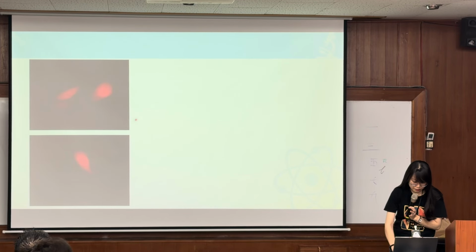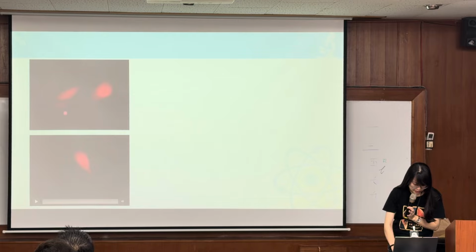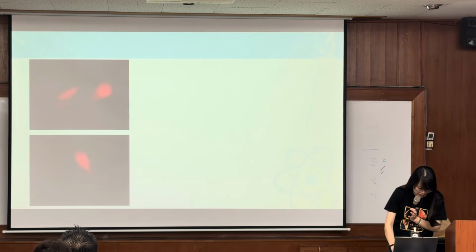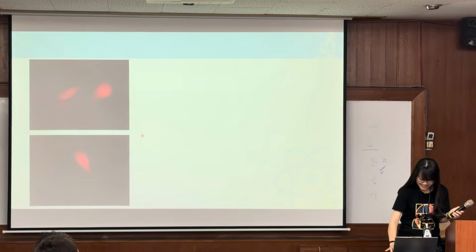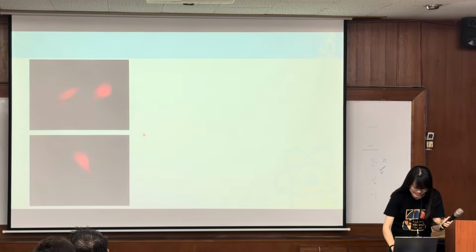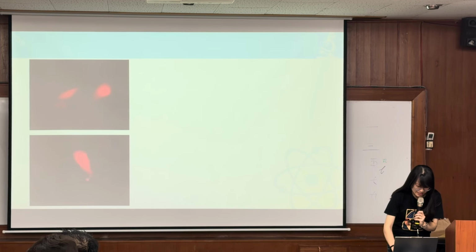To show the peaks, I will show the video here, which I think can help you better understand what we are doing. So you can see that there is a peak here.